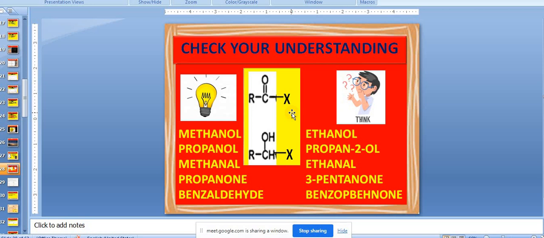Similarly, if you talk of benzaldehyde, in benzaldehyde one side is C6H5 and C double bond OH, it will not give the test. If you draw the structure, you can come to know that it will not give the test.